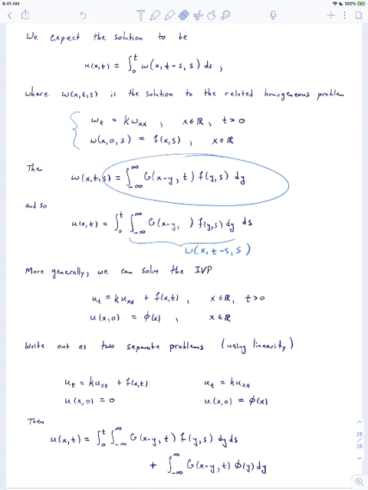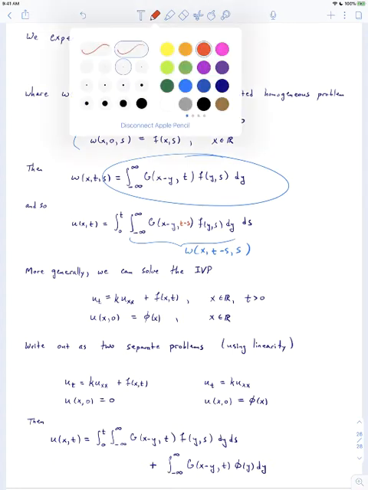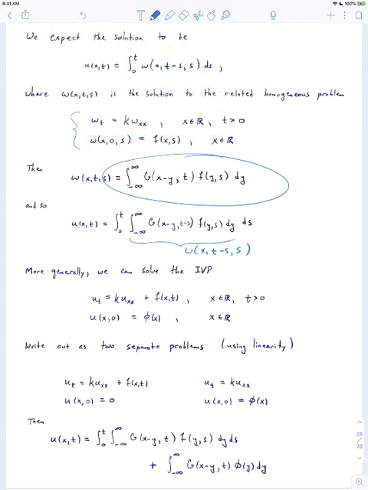Let me just rewrite that. Because we're not integrating w at x comma t comma s, we're integrating w at x comma t minus s. So that t minus s goes right there, because that t becomes t minus s.